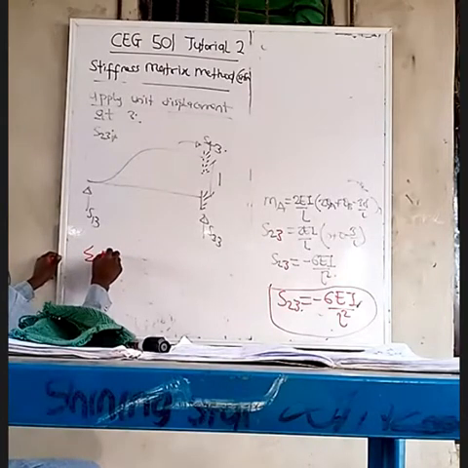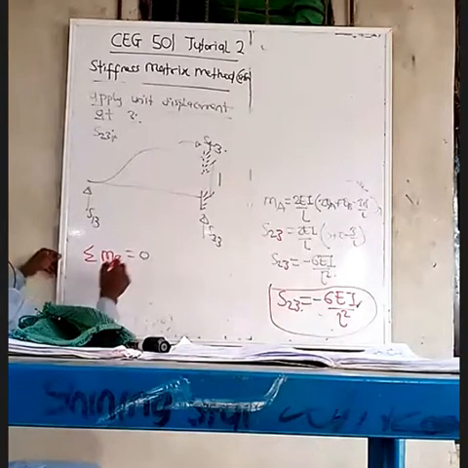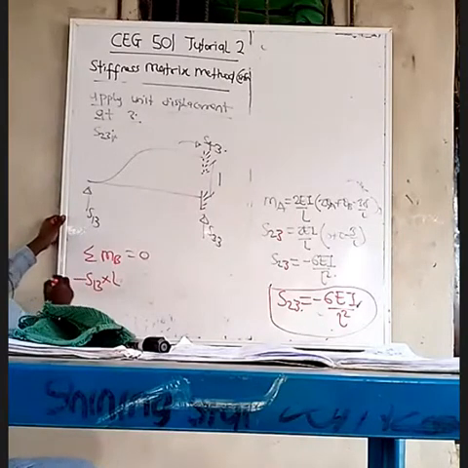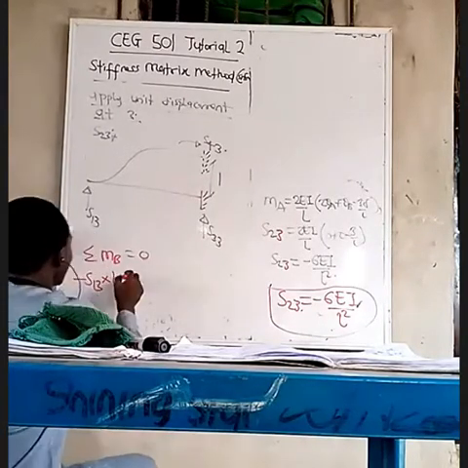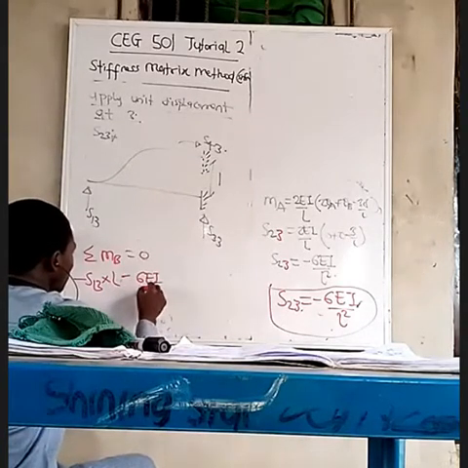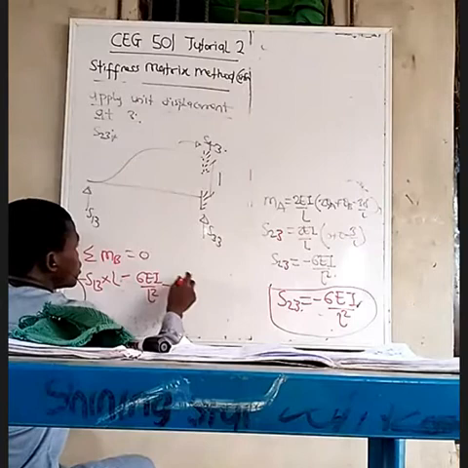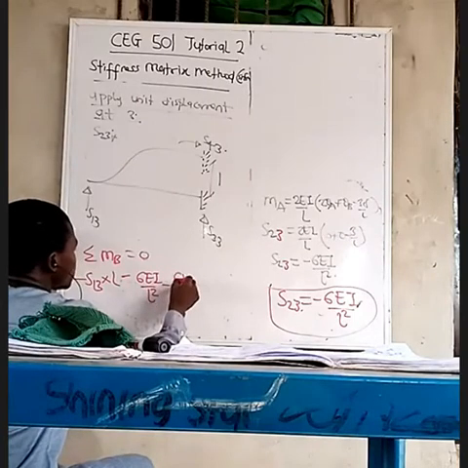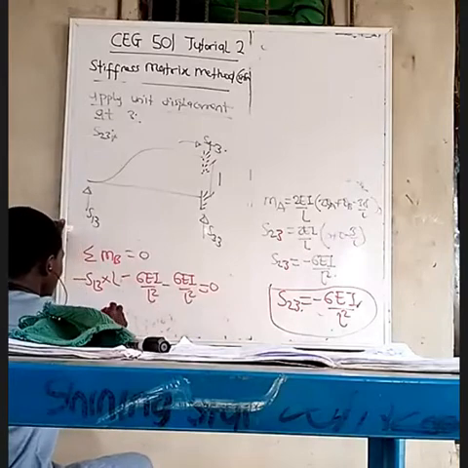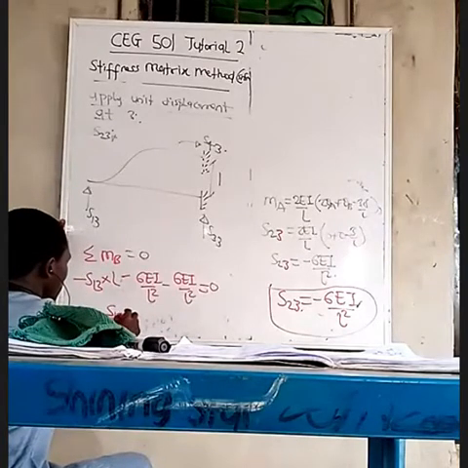So we apply summation of NB equal to 0. That means S13 times L minus S23 minus 6EI over L squared minus 6EI over L squared is equal to 0.